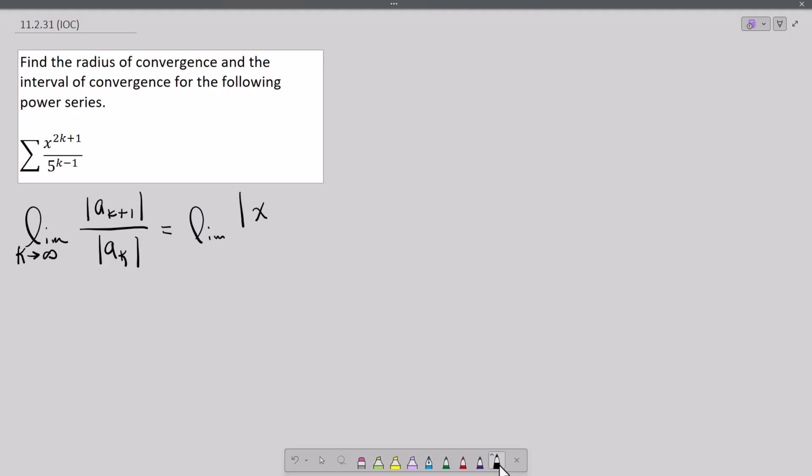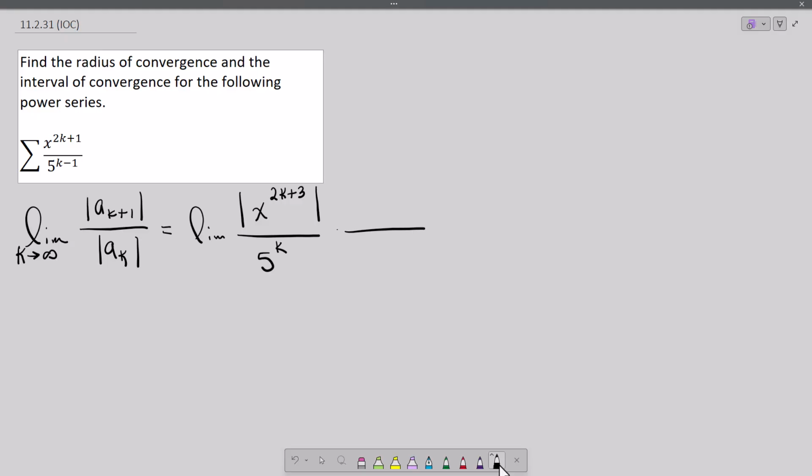When that k gets replaced with k plus 1, you get 2k plus 2 plus 1, which is 2k plus 3, divided by 5 to the k. If you replace that k with k plus 1, minus 1 is k. Okay, so there's our a sub k plus 1.